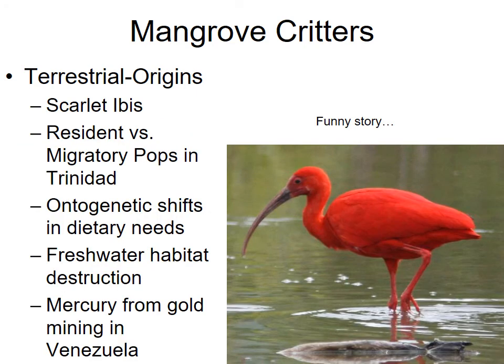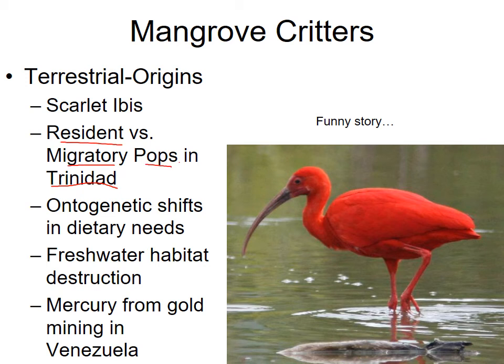All right, so the scarlet ibis is the most beautiful of the ibises because it's red, and there's an interesting ecological story surrounding the scarlet ibis. So one of the places that they live is on the island of Trinidad in the southern Caribbean near the coast of Venezuela. So there historically have been resident and migratory populations.